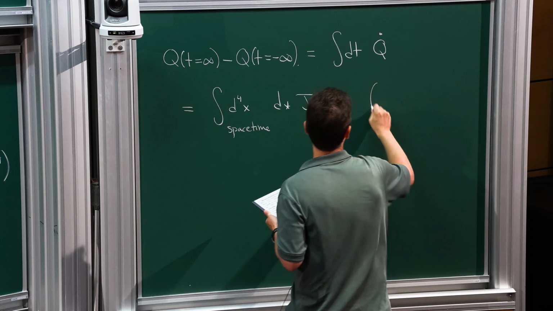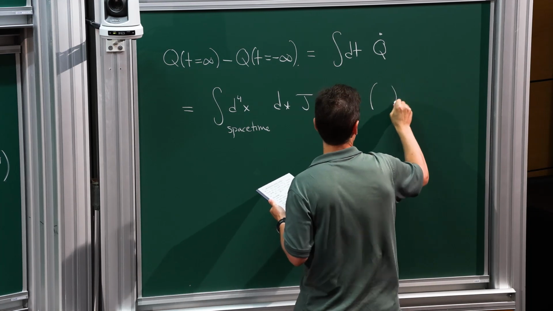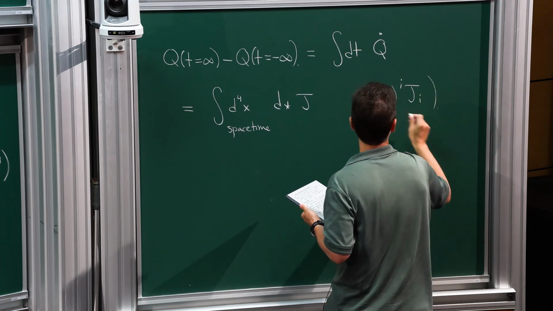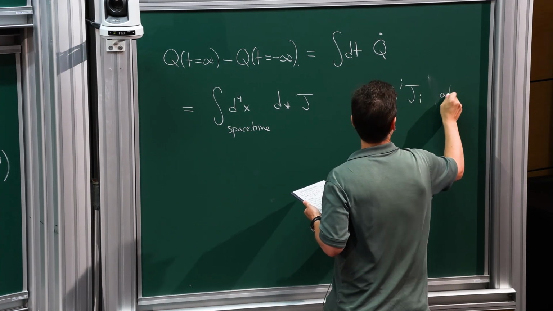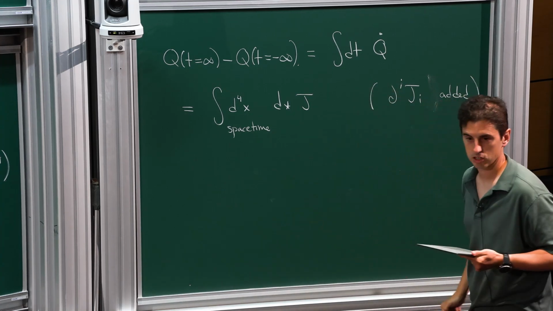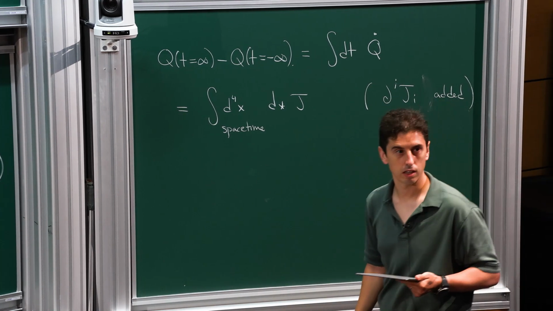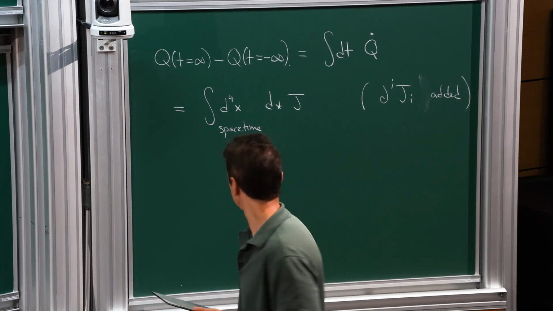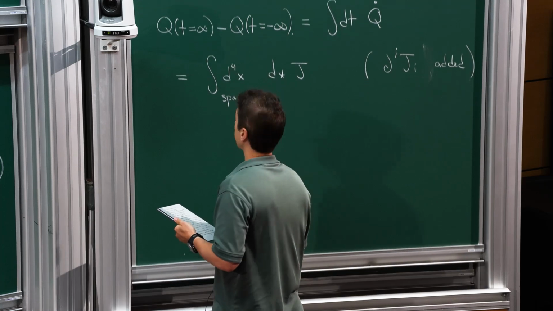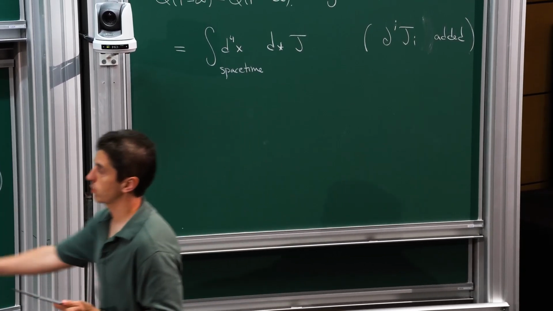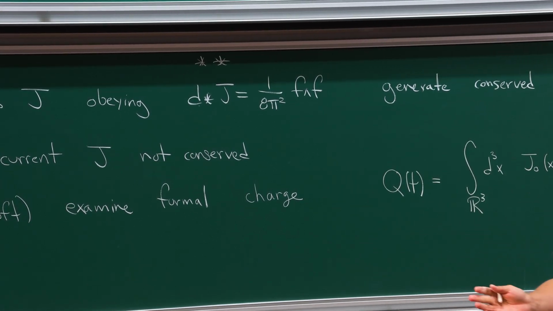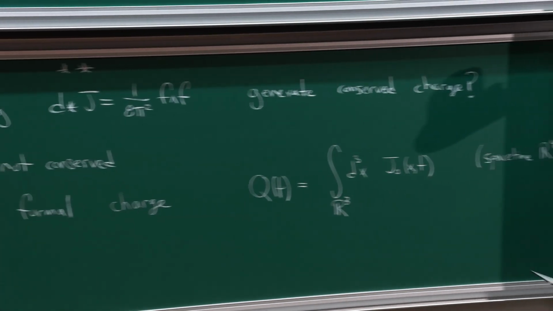Here in this move, I've added, or dropped if you like, a total spatial divergence. So I'm assuming something at the boundary conditions in space. But that seems like a typical innocuous move. Now we use this equation. Usually we'd say d star j is 0. There's no net violation of charge. d star j is not 0, but we know what it is.